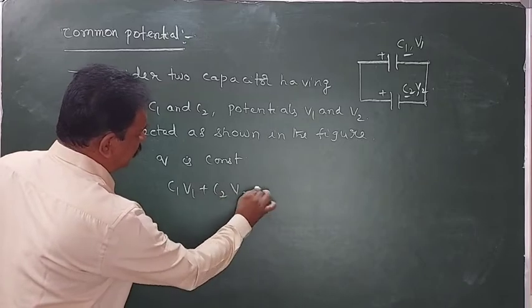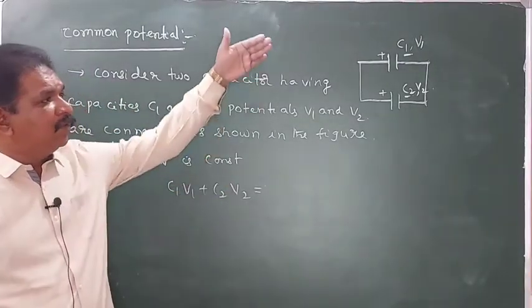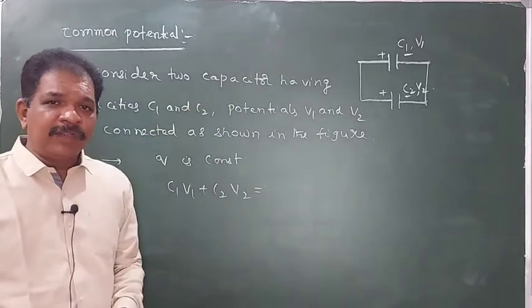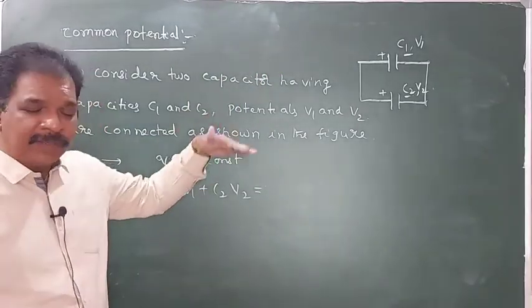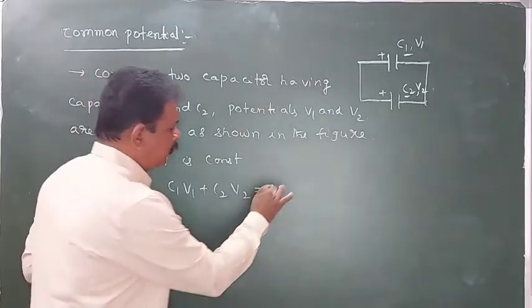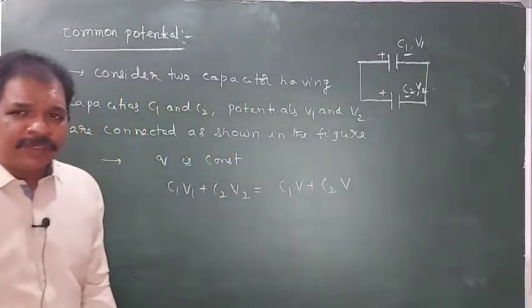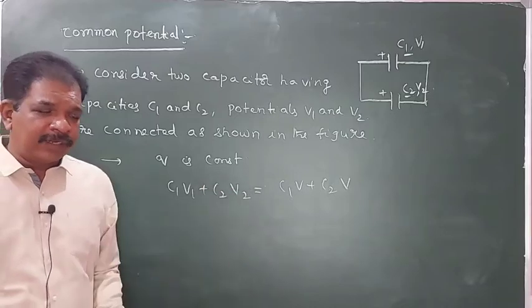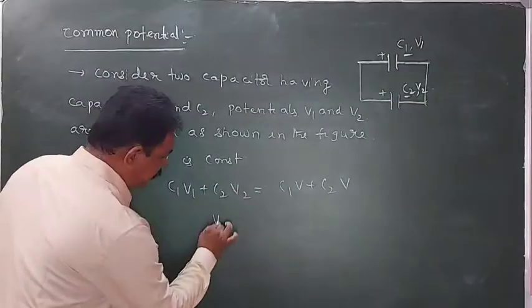Charge on the second capacitor will be C2 V2. Charge will go from one capacitor to another until the potentials are equal. So both will have the same potential after connecting. This V will be called the common potential.